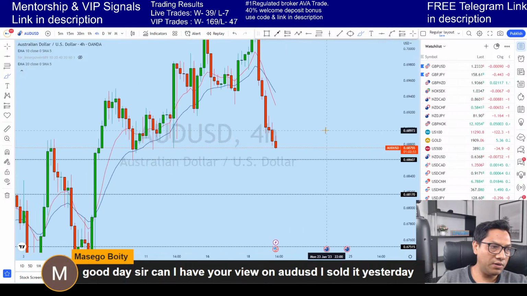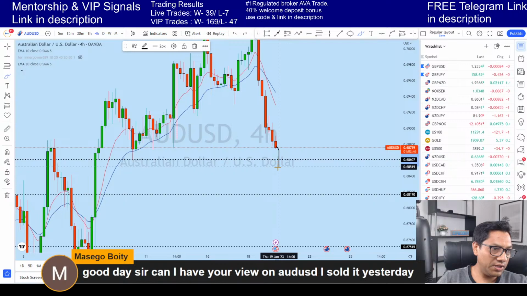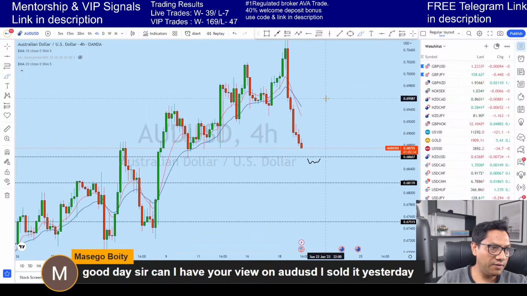So the way it could do that, you see there is a support here. Once the price breaks this support, highly likely it will create an overextended market here, a false breakout, and then retreat back to test this neckline.